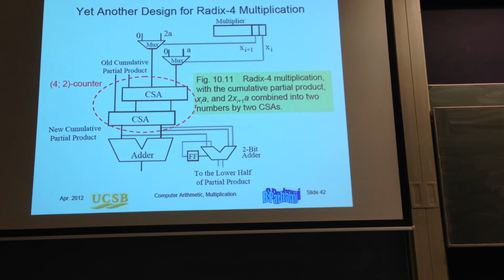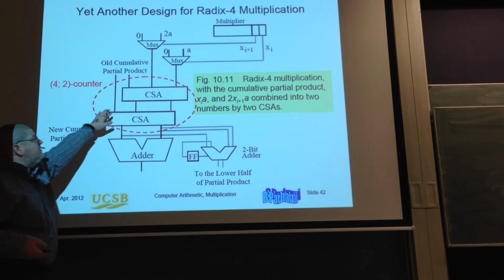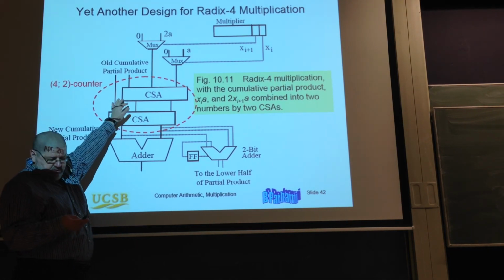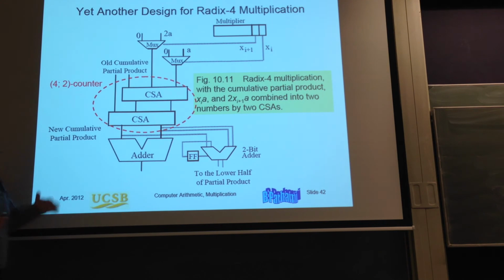If I can implement that compressor in a nice way, this will probably be faster than the previous solution. Then what I did in this design is that I replaced the Booth recoding with the creation of 3A via multiplexers. Then my trade is 1 full adder delay, which is this guy, against the complexity of the Booth recoding logic.